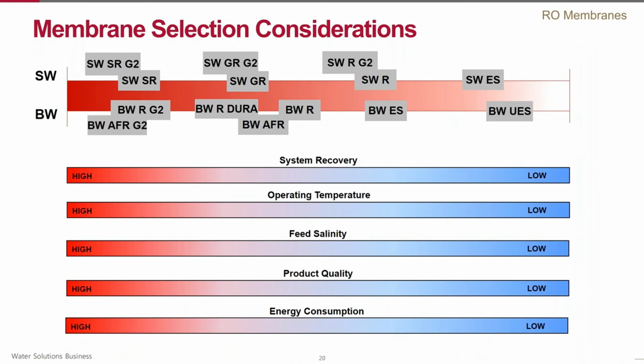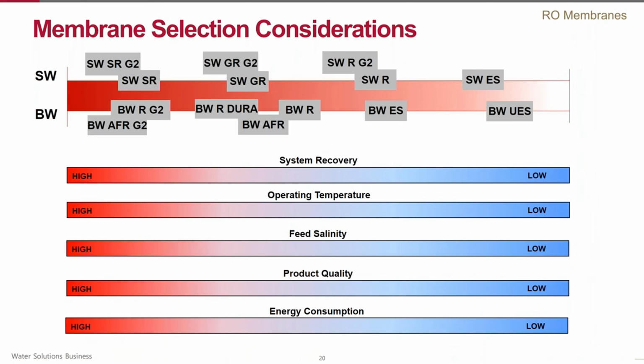If you're looking for energy savings, then your choice is the ES membrane. If you do not have very tight requirements for the product quality, or your application temperature is relatively low, let's say below 25 degrees C, then again your choice is the ES membrane.